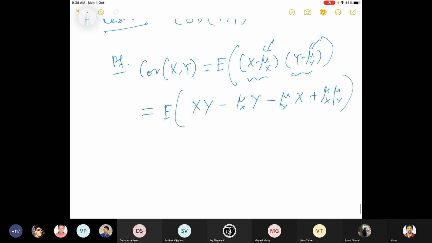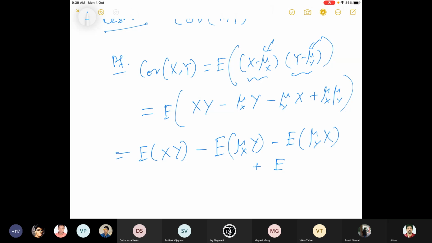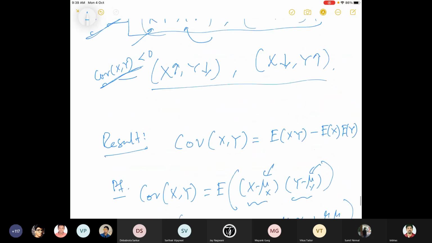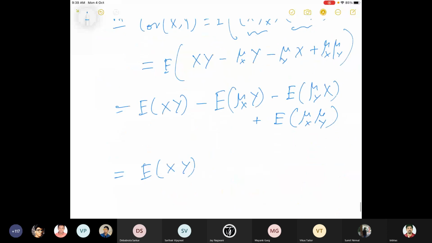And we know that expectation is linear. So this is expectation of XY minus expectation of mu X times Y minus expectation of mu Y times X plus expectation of mu X mu Y. So this will remain E of XY. We got the first term for what we are proving. Now what is this?